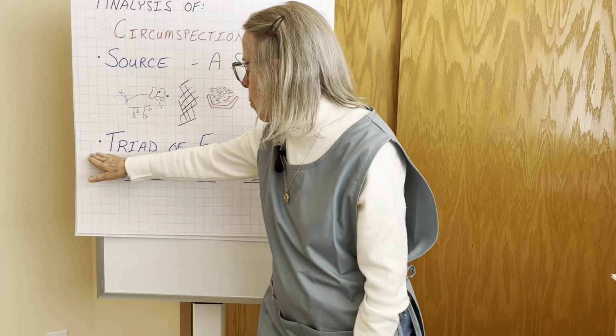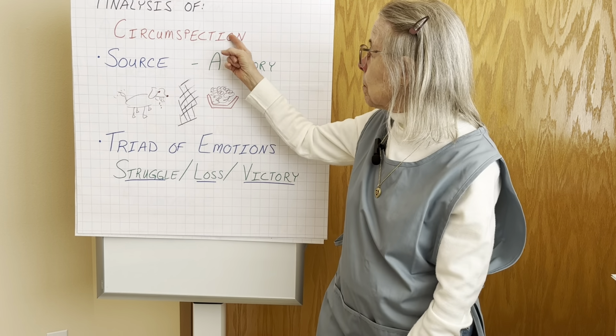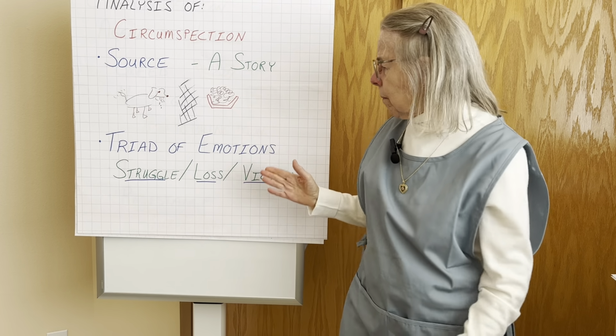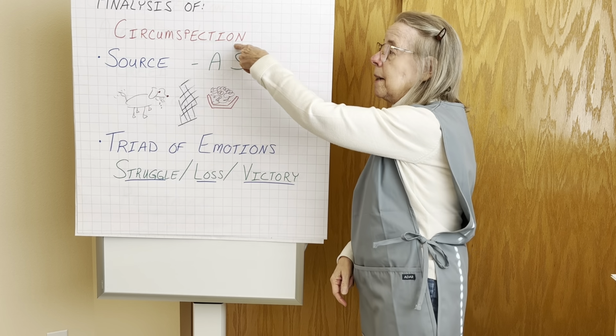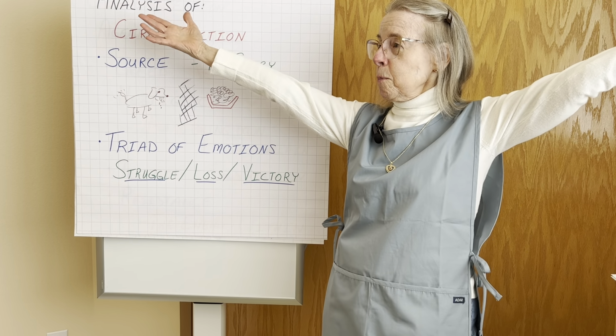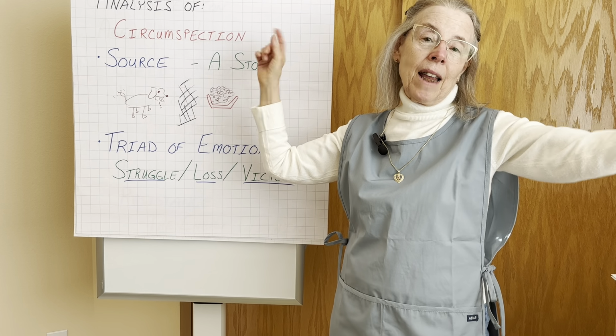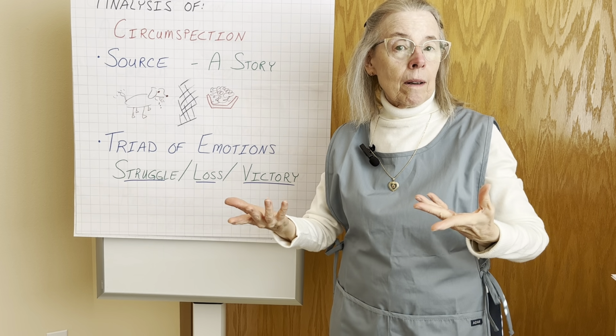So what are the triad of emotions that are associated with circumspection? Well, the interesting thing is the victory state is the name itself. Ta-da! You've achieved circumspection. Circumspection is a state of power.